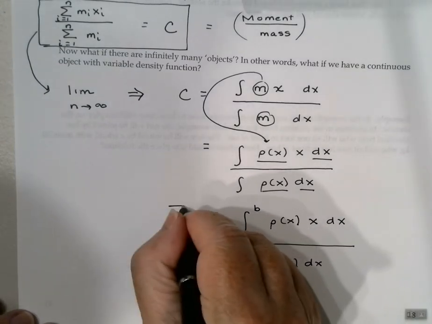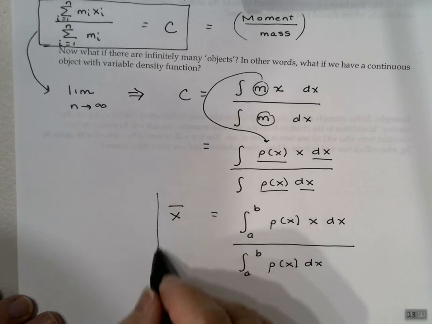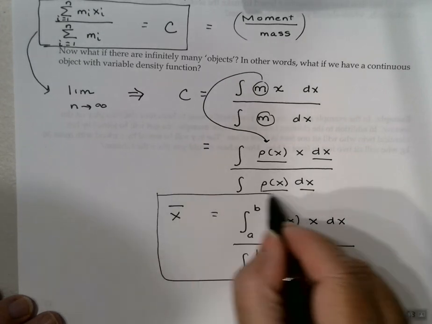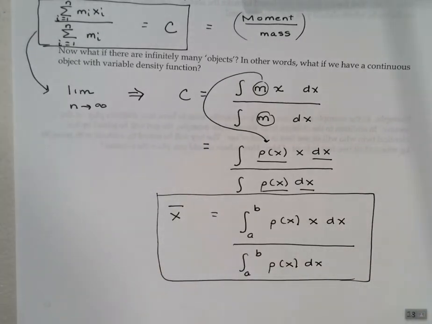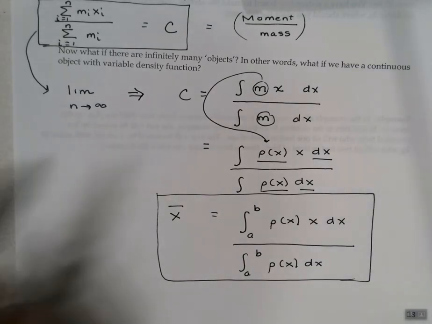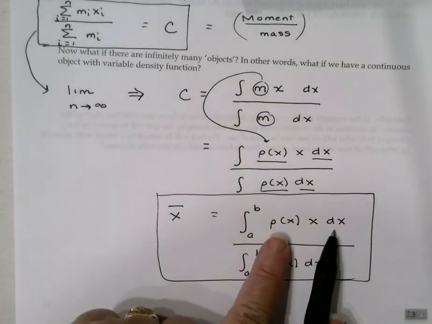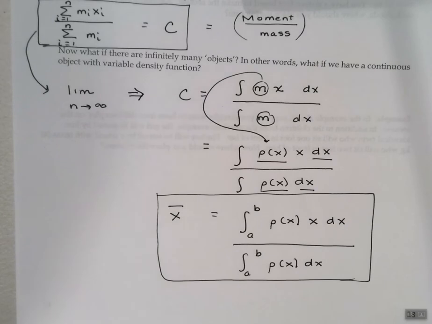And we call it x bar, our center of mass. And this is combining some things that we had before, right? Replacing the mass with the integral of rho dx, like we did earlier in this section.